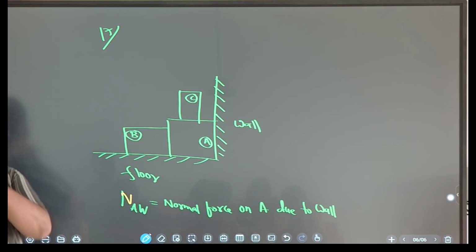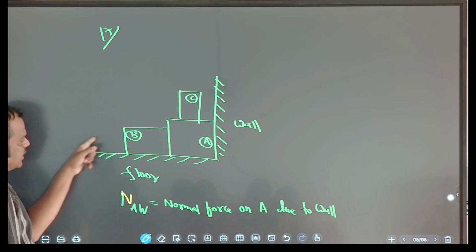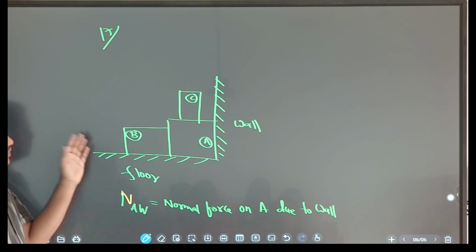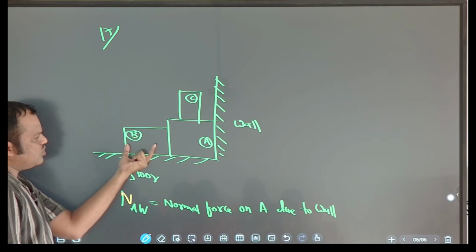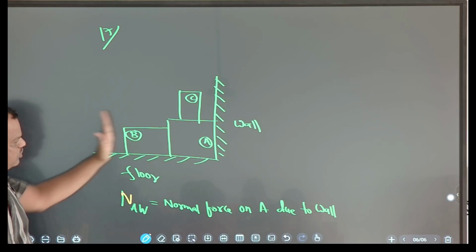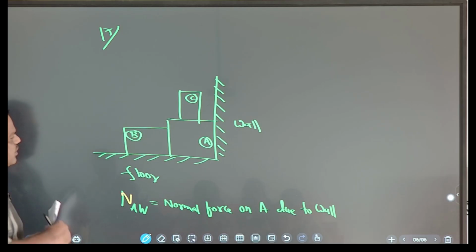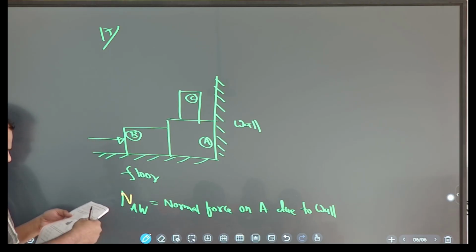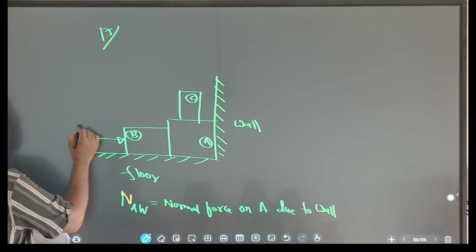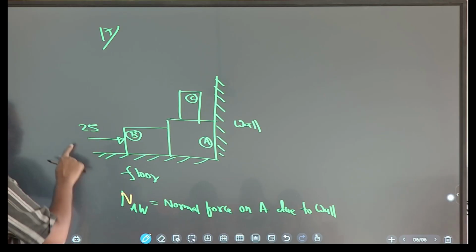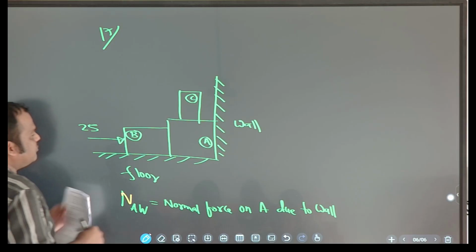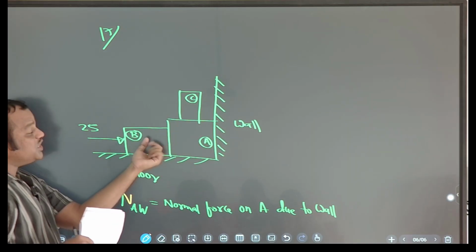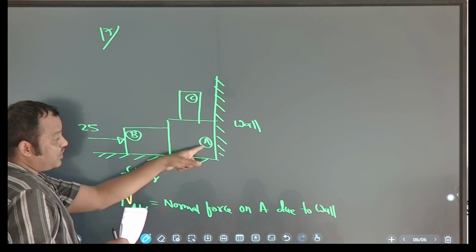Okay. See, is there any force acting on B like this from here? No. So B is not going right side because I am not pushing B like this. Is there any force like this? No. Is there any force like this? Oh, it is there. Yes, correct. It is there, 25 Newton. But will B go right side or not? No. Who will stop? A will stop.